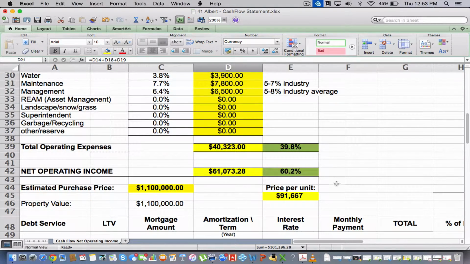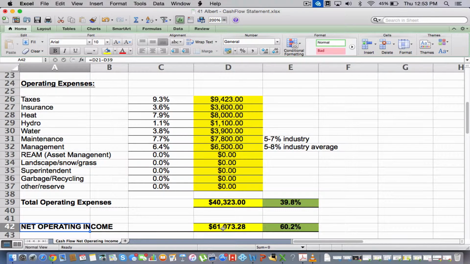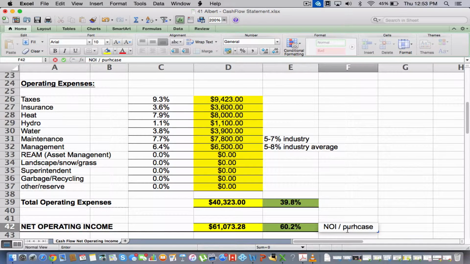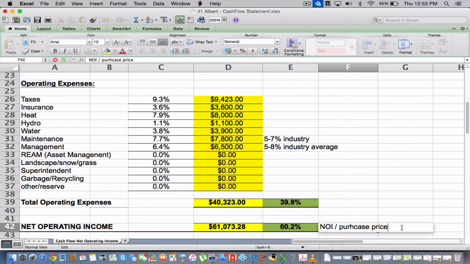To calculate what we call cap rate, and I'm jumping a little ahead of myself, but I want to reinforce this. This NOI number becomes really important. But what we do is we take this NOI number and we do NOI divided by the purchase price, and that equals cap rate.